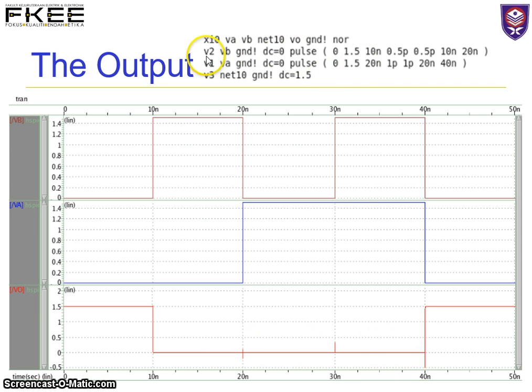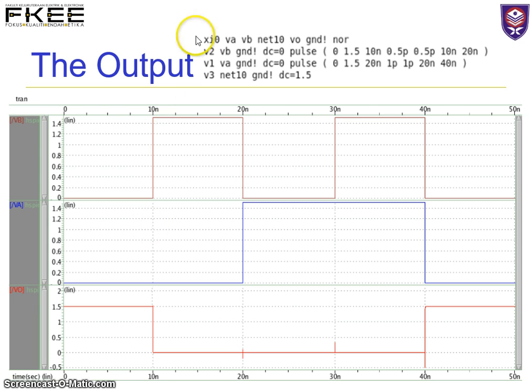If you look over here, V2, which is my VB, the top one, is a pulse starting from 0. The maximum value is 0.5, with a delay of 10 nanosecond, a rise time and fall time of 1 pico, a pulse width of 10 nano, and a period of 20 nano over here.